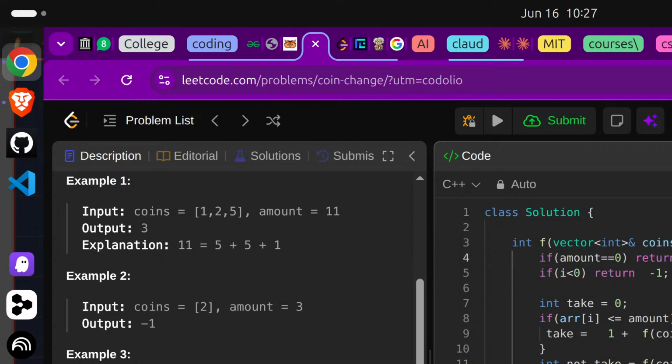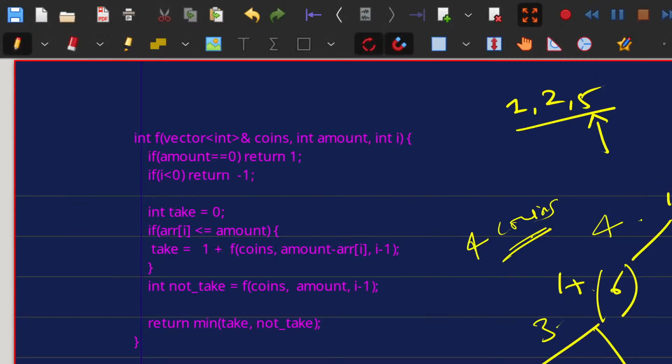But one more way could be like this. When amount is 11, take and not take, we have to add this. No, not like this. We will return 0, let's say it will return 0, then 1 plus 3, right?